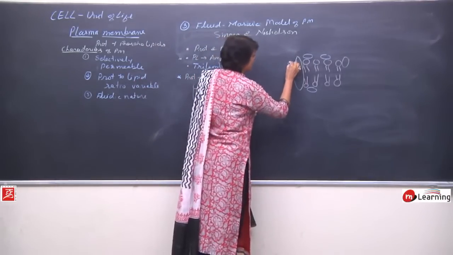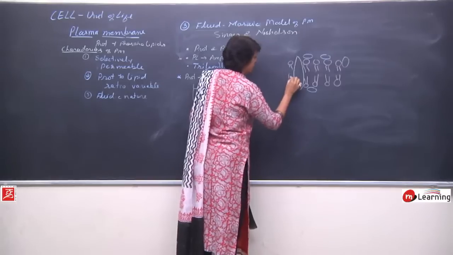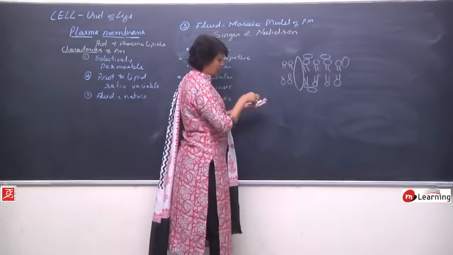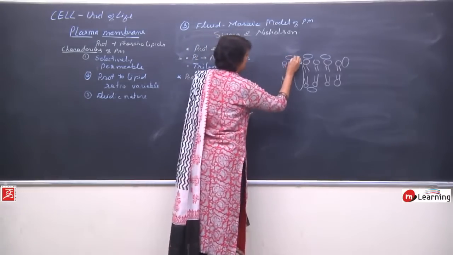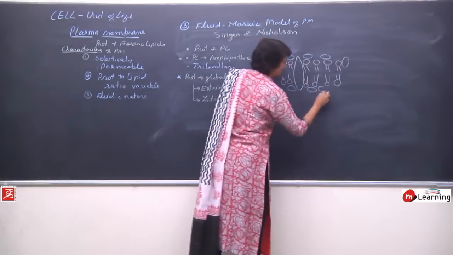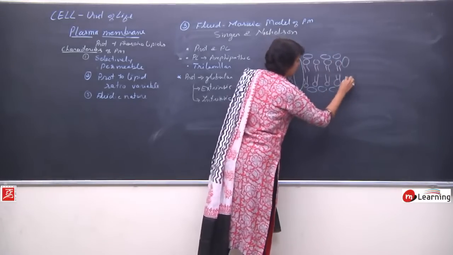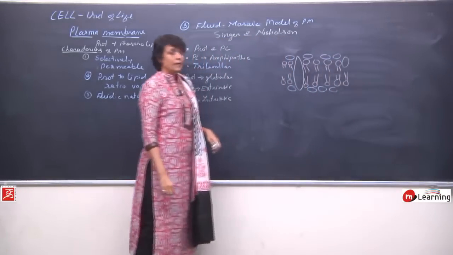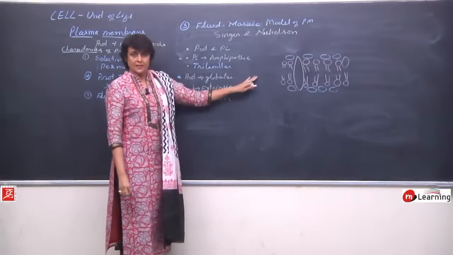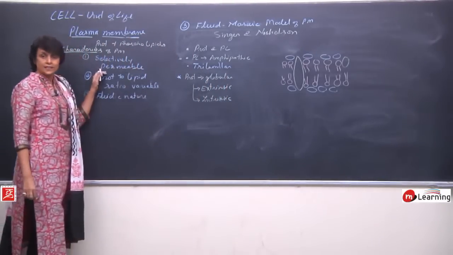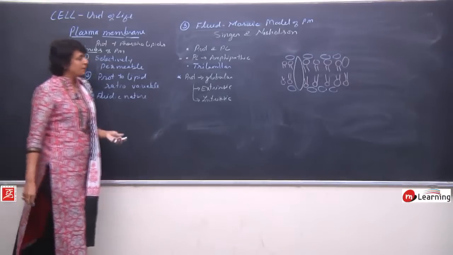So let us draw a couple of phospholipid molecules here. And the protein, globular proteins. Now, from this, let us take these criteria. First is selective permeability.